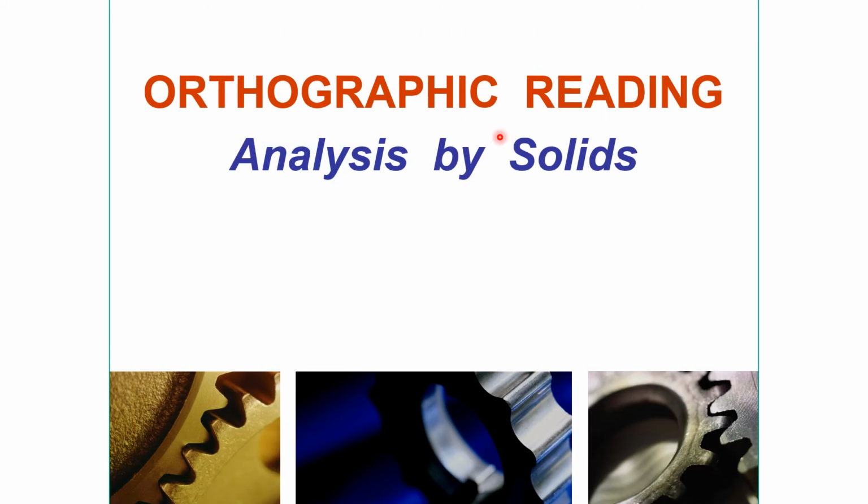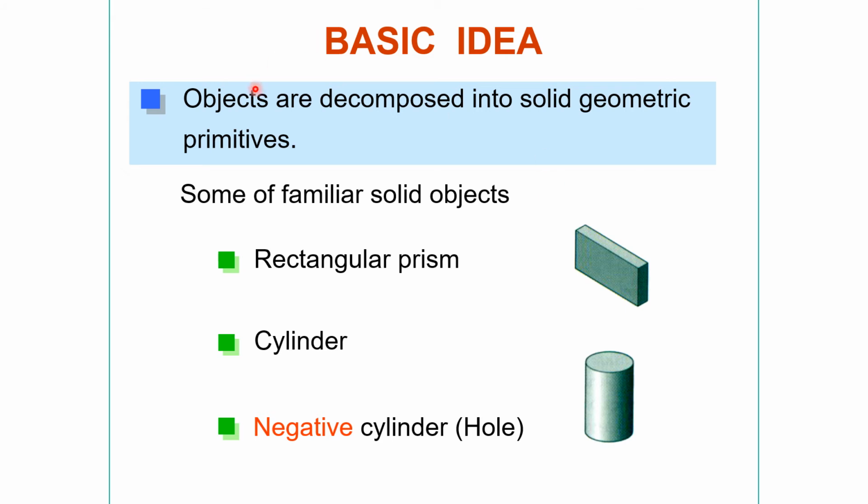So in orthographic reading, first, analysis by solids. First of all, we will see the basic geometries. Objects are decomposed into solid geometric primitives. For example, if there is a complex shape with holes and curves, definitely that is made up of simple geometry. When we combine these simple geometries, a bigger and more complex object forms. Some familiar solid objects: the rectangular prism.